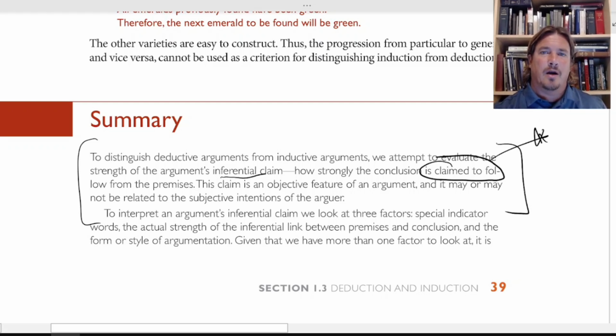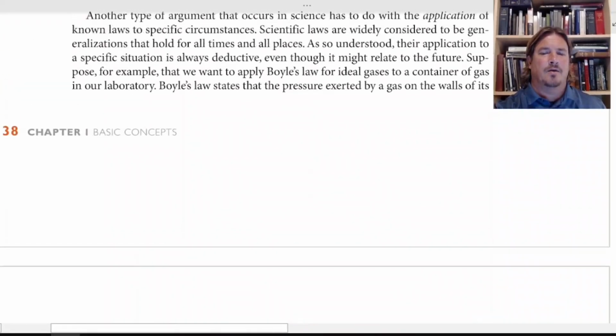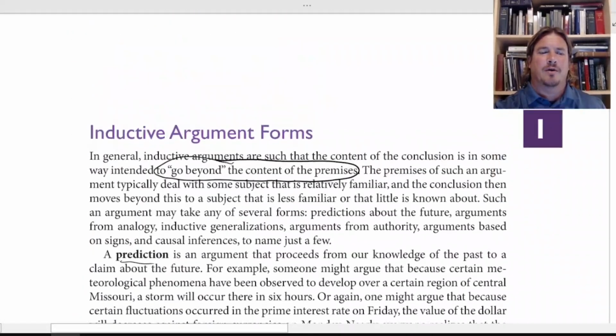Claimed to follow, right? An argument can claim that it's deductive and be a bad deduction. But if it claims to follow that strong deductive form, then it's going to be a deduction and not an induction. Okay? All right, so just make sure you pay attention to that, and you can review some of the highlights that I pointed out in this chapter.